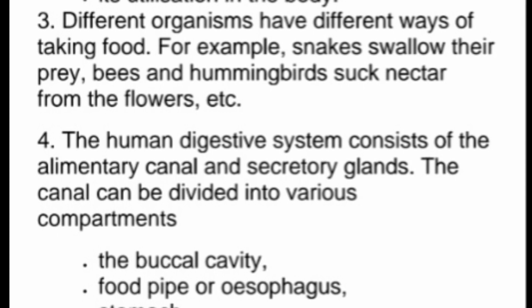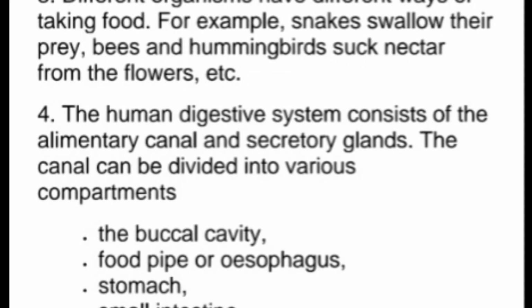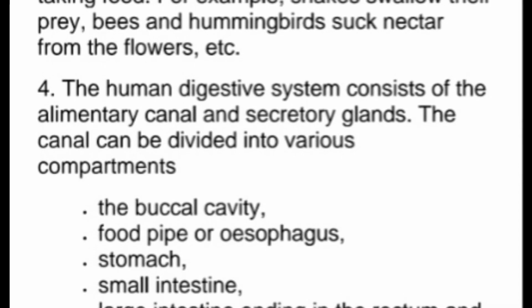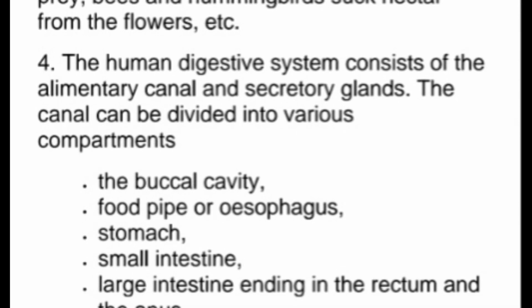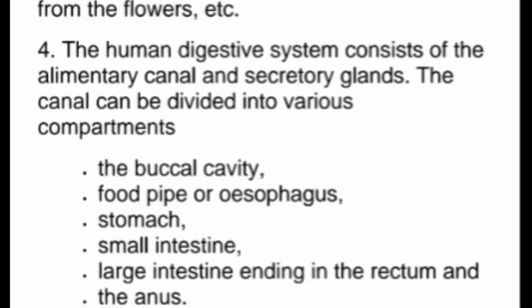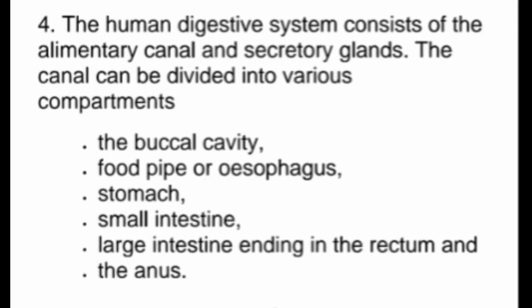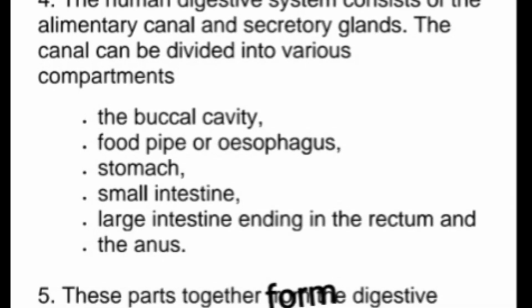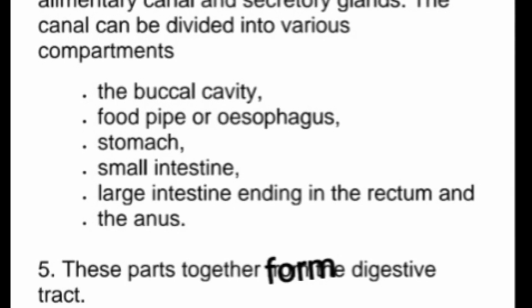Fourth, the human digestive system consists of the alimentary canal and secretory glands. The canal can be divided into various compartments: the buccal cavity, food pipe or esophagus, stomach, small intestine, large intestine ending in the rectum, and the anus.